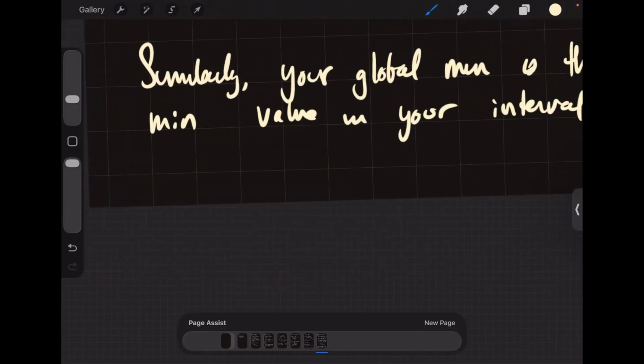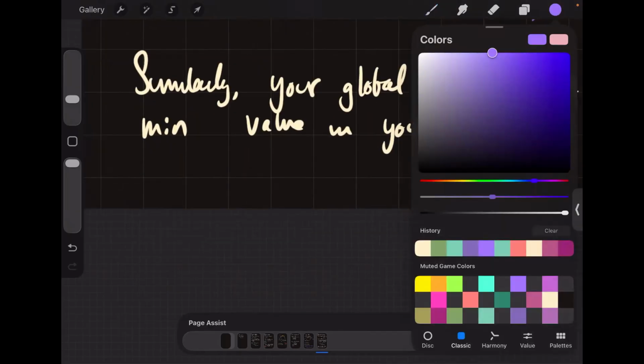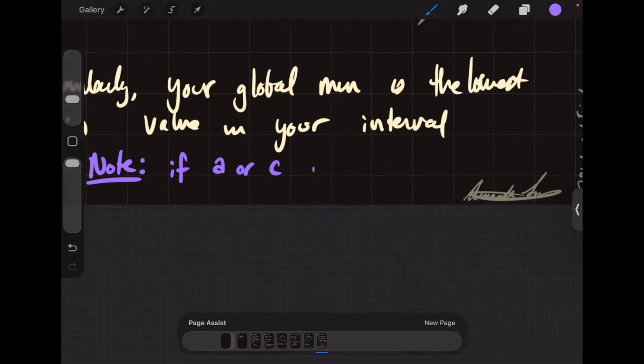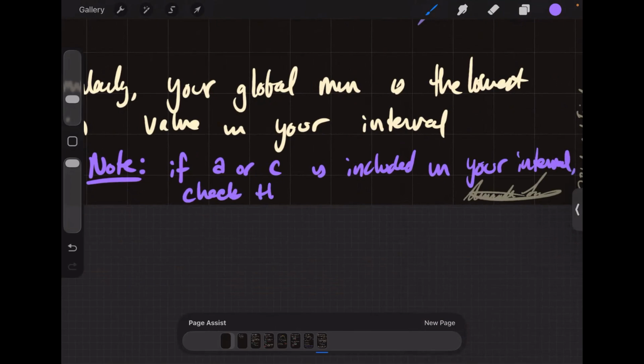Now, let's make a note: if A or C is included in your interval, check their y values too.